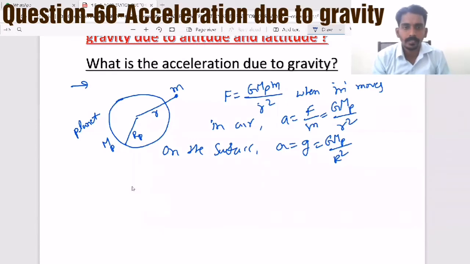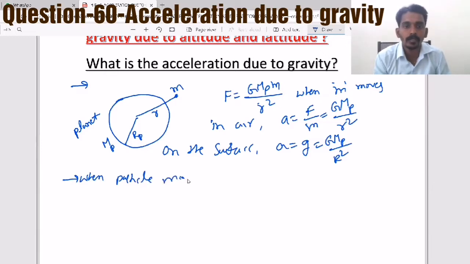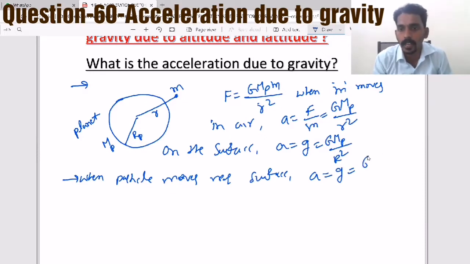So here the thing is, when a particle moves near the surface, there is an acceleration due to gravitational force, and that is called acceleration due to gravity, GMp by rp square.